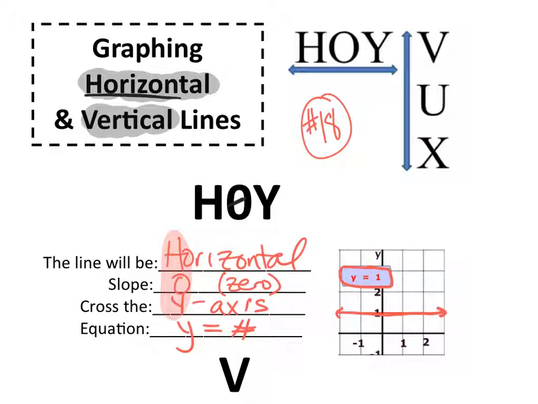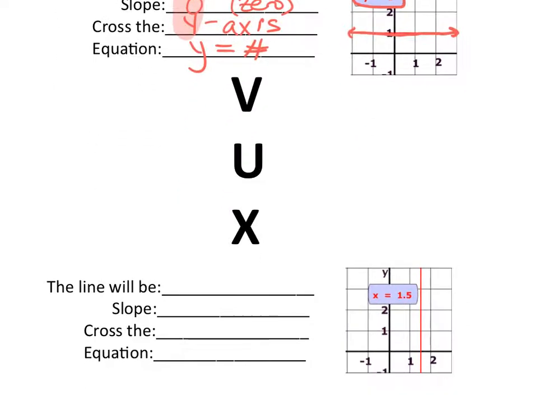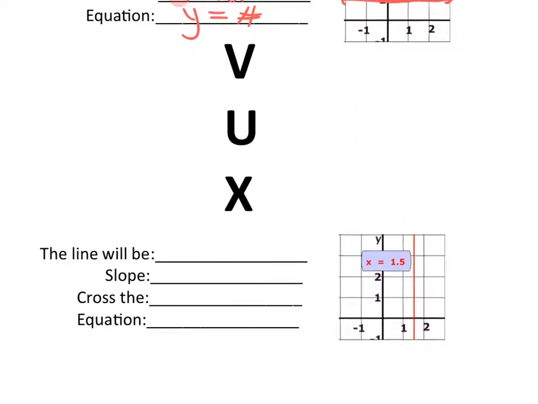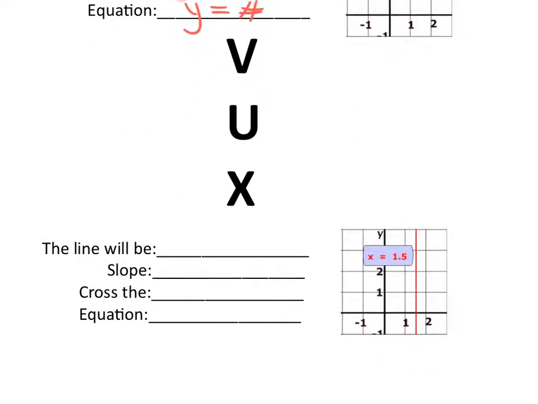Let's talk about vertical lines though. These are our VUX lines. V stands for vertical, which means they are up and down. Who remembers what the slope was for a line that's up and down?